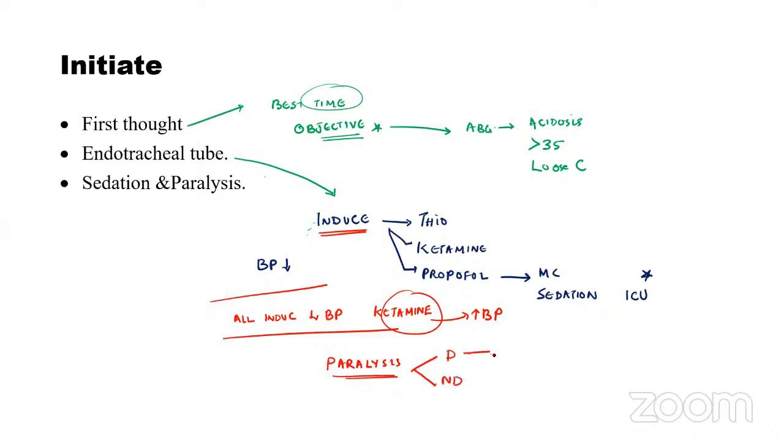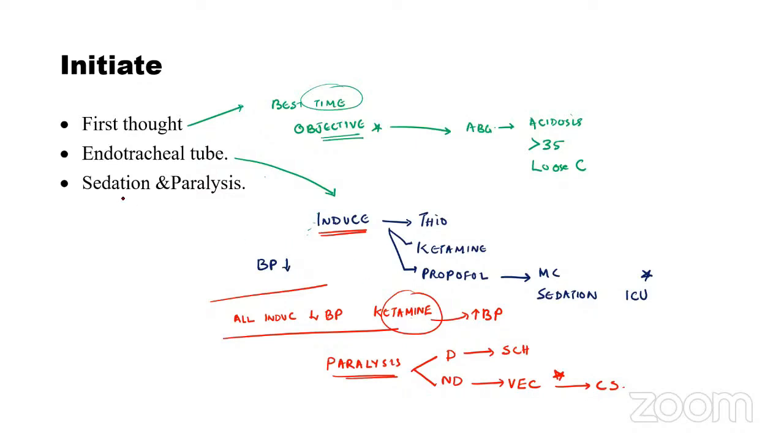Of the depolarizing, succinylcholine is the most common. And non-depolarizing, you have many things like vecuronium, rocuronium, mivacurium, atracurium, etc. Of which the most commonly used one is vecuronium, which is considered the most cardiac stable muscle relaxant.